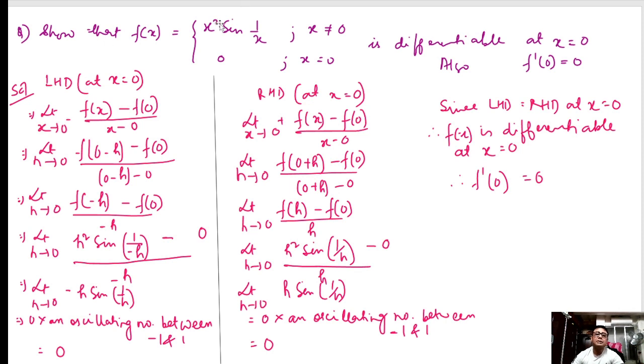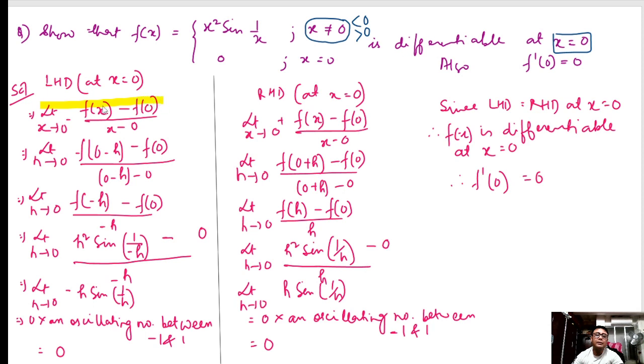This is our function x square. Our function is x square sine 1 by x if x is not equal to 0. That means for less than 0 or greater than 0, I will choose this function. And I have to test the differentiability at x equal to 0. So let's check. This is how I will write it.